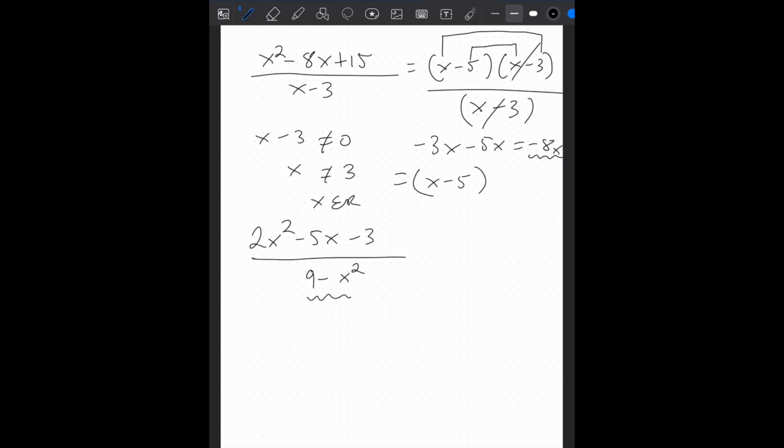Realize that 9 minus x squared is like a difference of squares basically, so that can be broken down to 3 plus x and 3 minus x. And then on the numerator, I'm again going to use guess and check. Since here we have 2x squared, the first thing I'm going to do is write a 2x and then an x, and then find two numbers that would multiply to get to minus 3.